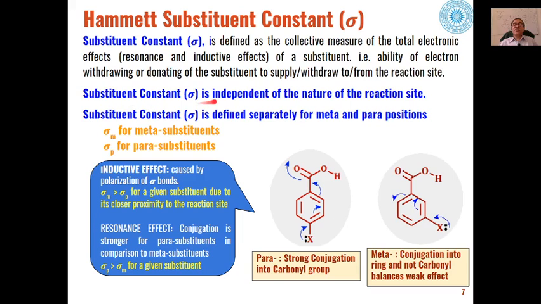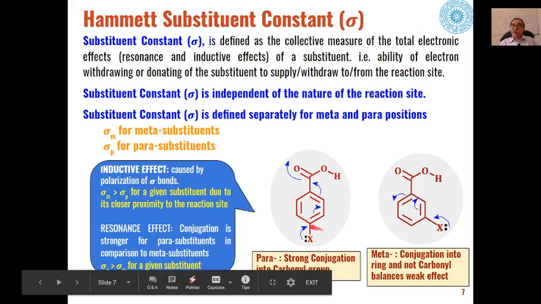The substituent constant is independent of the nature of the reaction site, that is, the aromatic ring and the carbonyl where the reaction takes place. It depends only on the type of substituent present, whether electron withdrawing or electron releasing.